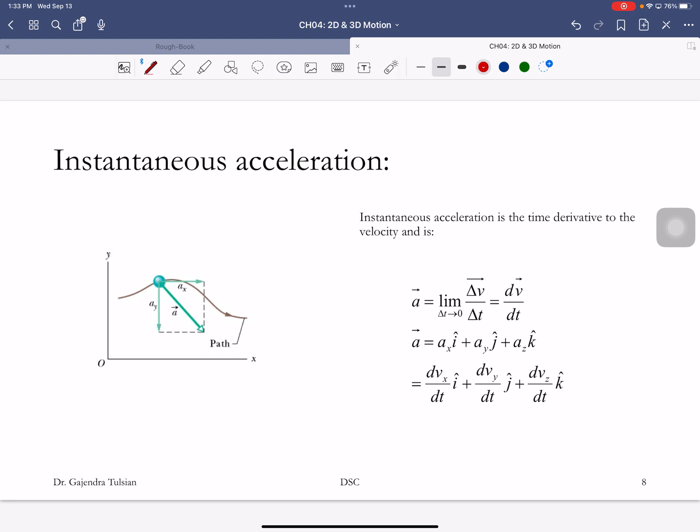And this is equal to the second time derivative of x(t).